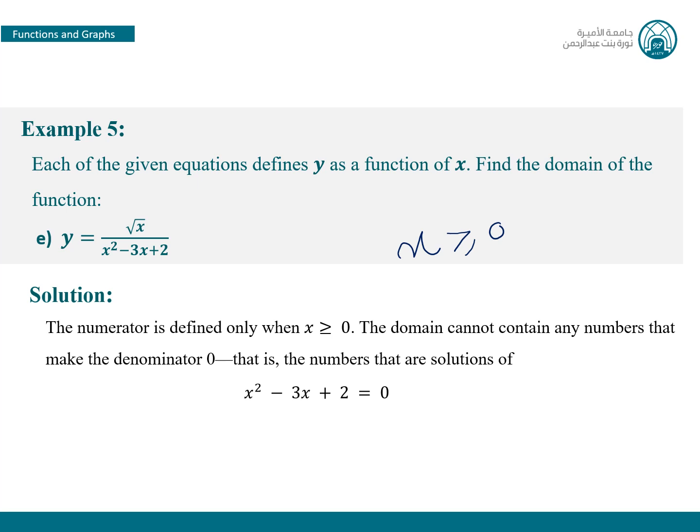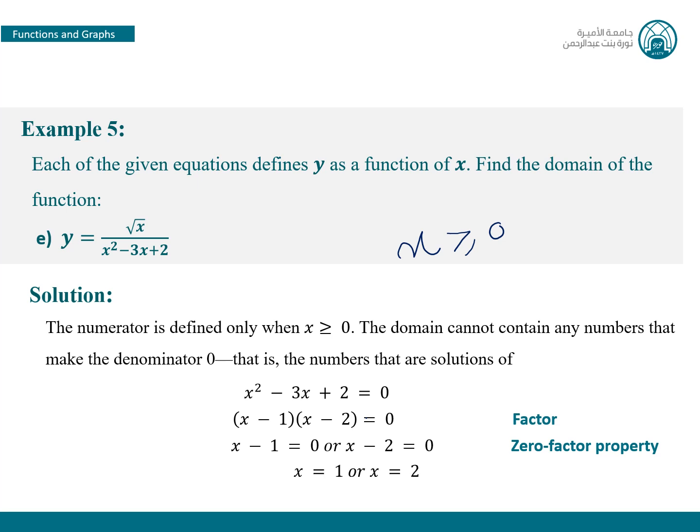We factor it: x minus 1 times x minus 2. Then x equals 1 and x equals 2. How can we find this? By factoring this equation and using the zero factor property. So we find x equals 1 and x equals 2.